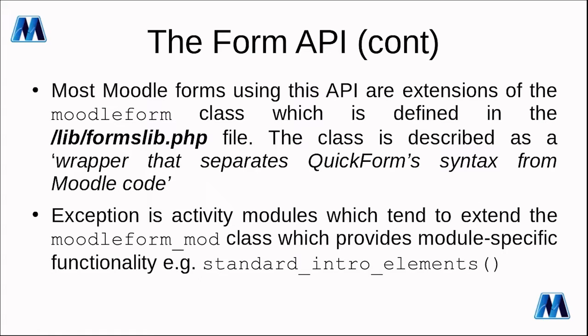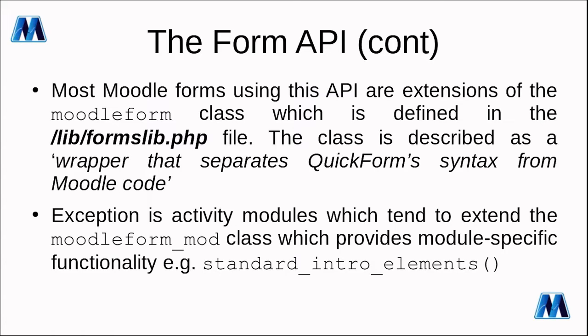Okay. And the class is described as the wrapper that separates QuickForm, which is the PEAR library's syntax, from Moodle code. Okay, the exception to extending the moodleform class is with modules, which have a moodleform_mod class, itself an extension of moodleform, which adds particular useful functionality for course modules.